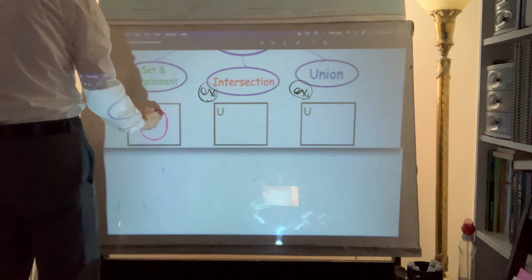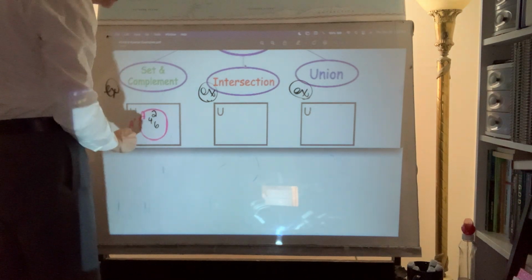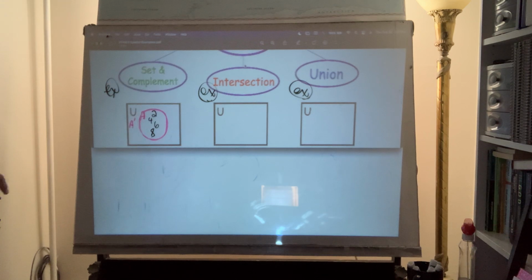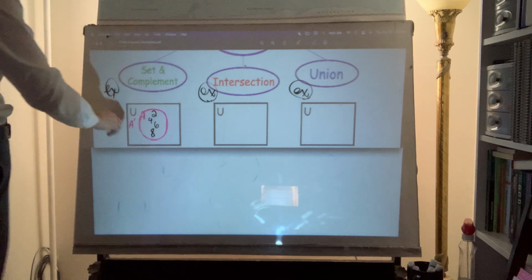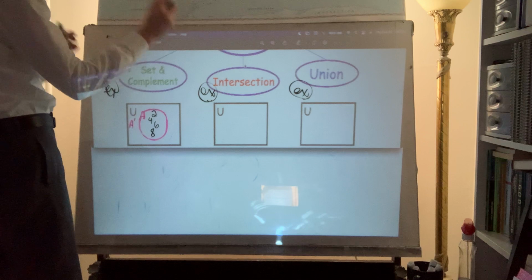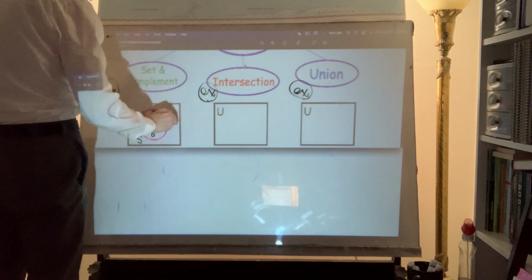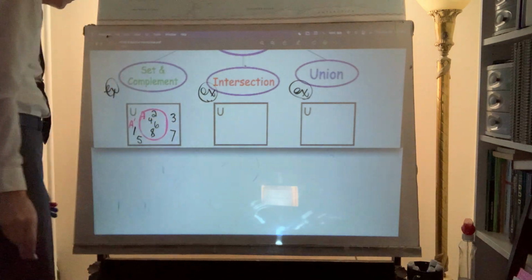Within the confines of the red circle, you'll see some even numbers here: 2, 4, 6, 8. And outside of it, but still encapsulated by the universal set box, if you will, you'll see some odd numbers like that.